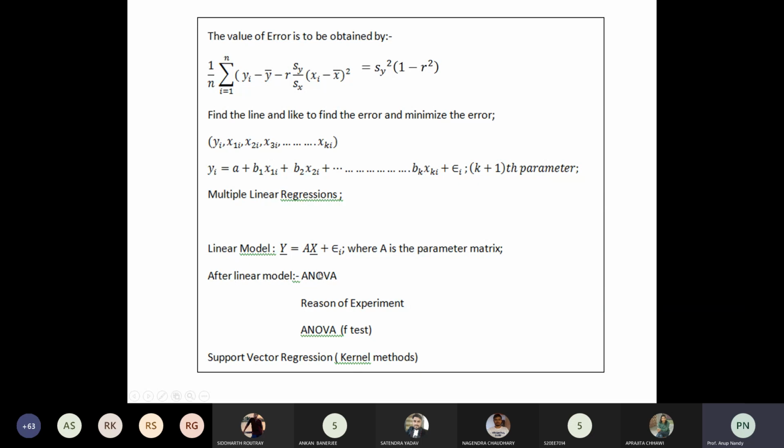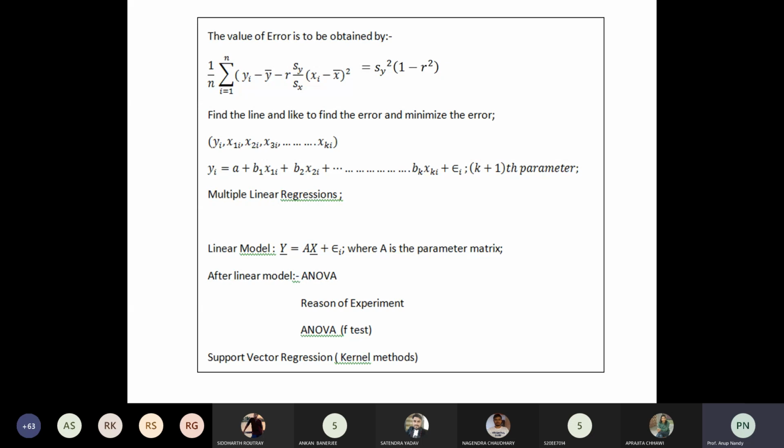There are different statistical tests people follow to evaluate how reliable your fitting is. Okay, so suppose you are applying this simple regression analysis and you are doing some fitting.